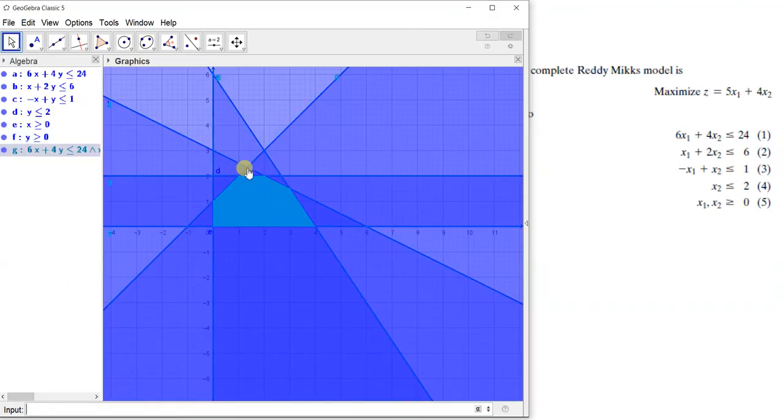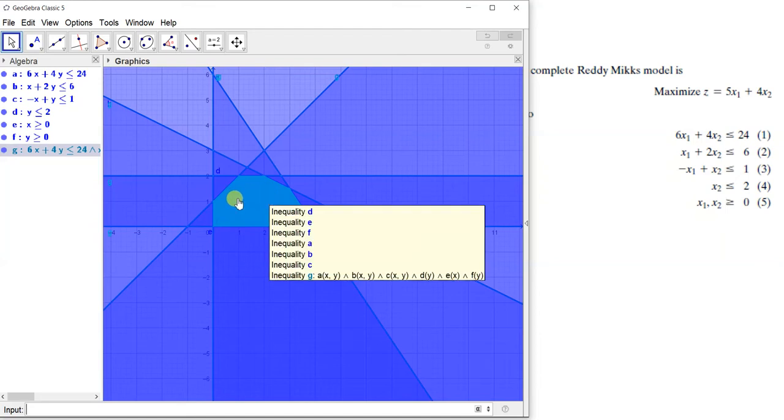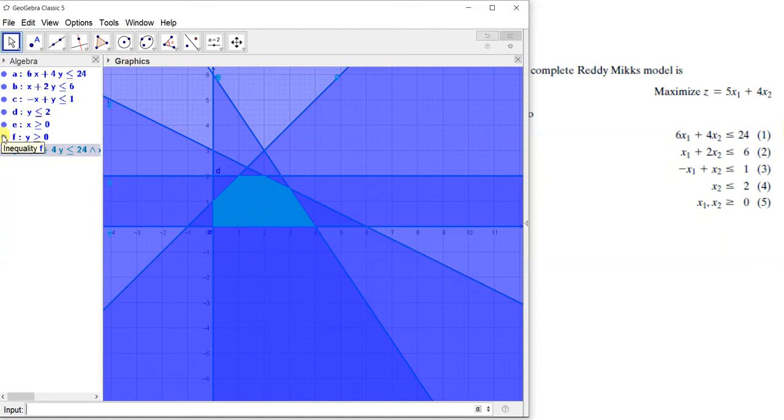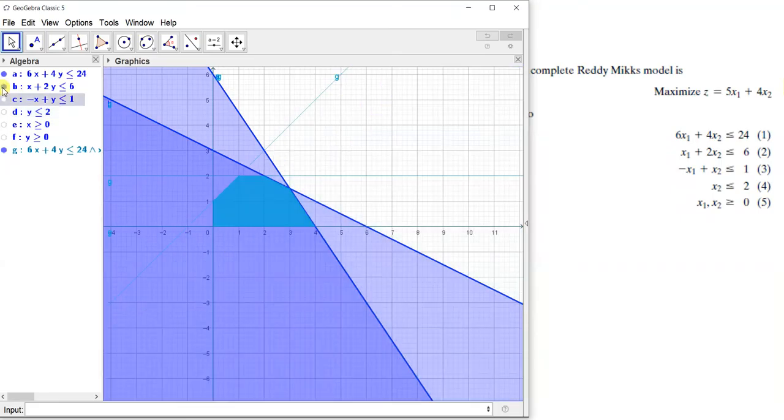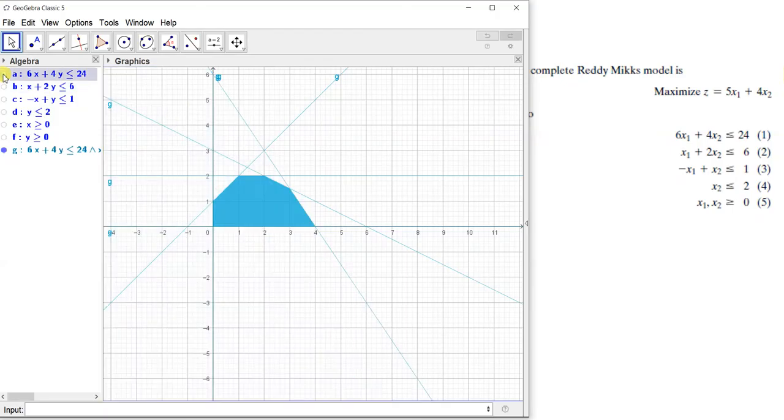This is the feasible region. You can see this has been highlighted now. And just to get rid of anything else, let's hide everything else.